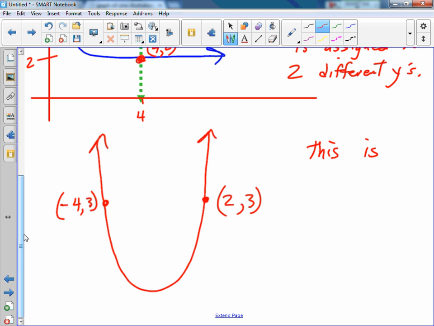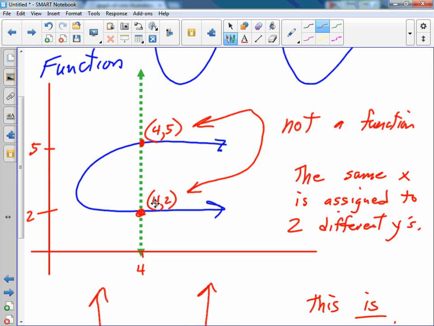This is a function. Ran out of space. It's all right to have the same y for two different x's, but it's not all right to have the same x for two different y's. That fails the vertical line test.